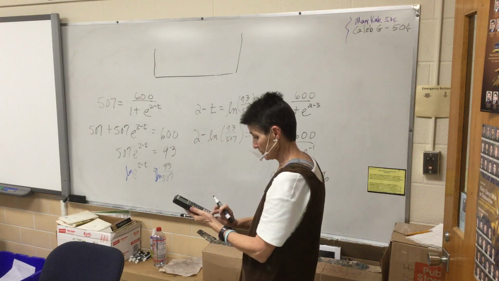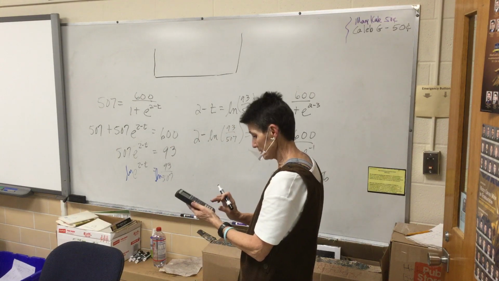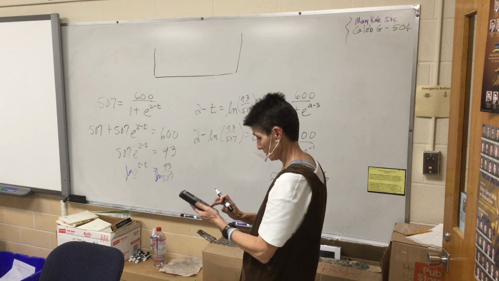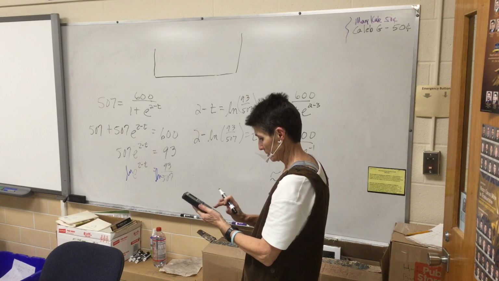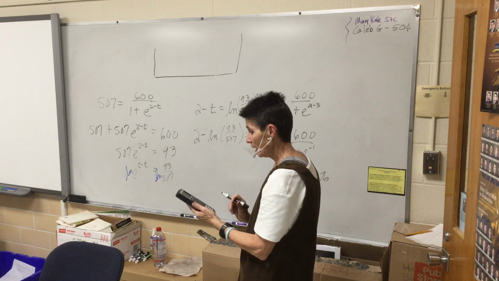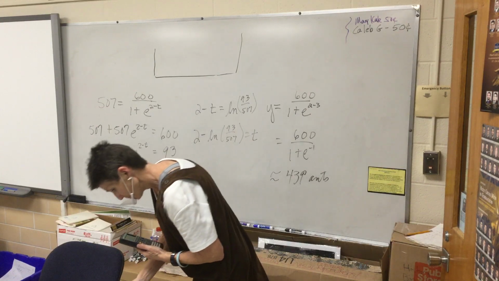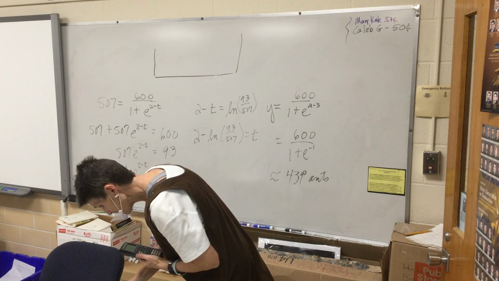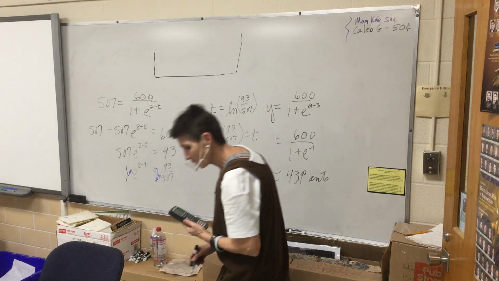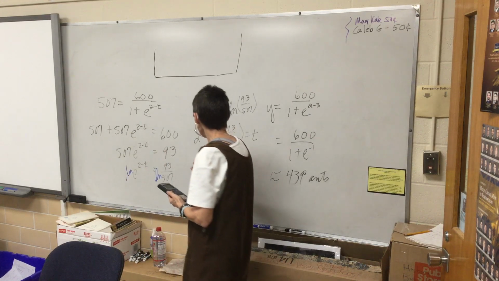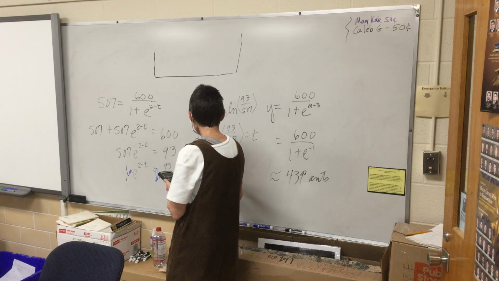Somehow you got to end up with the same answer I do, which is 3.7. Does it say hours? So when will there be 507 ants present? About 3.7 hours.